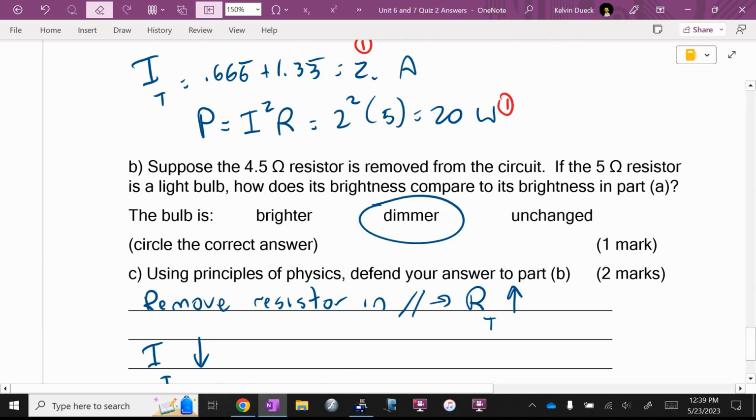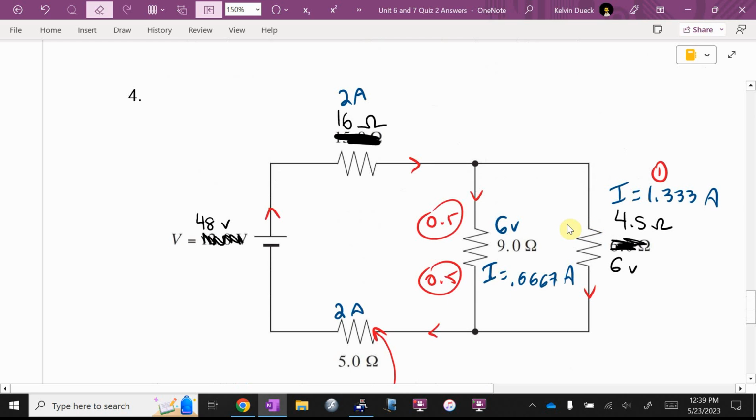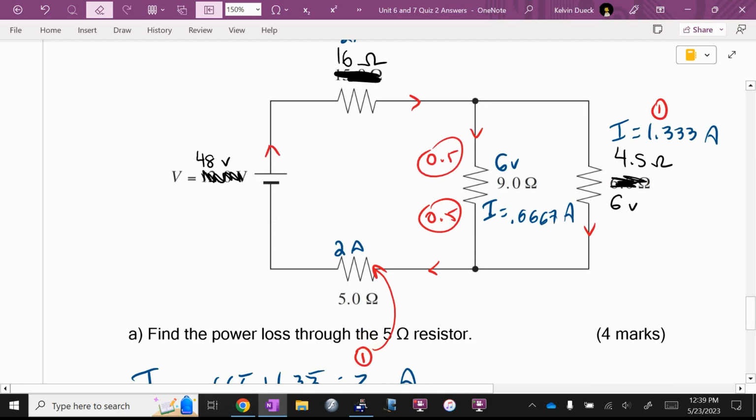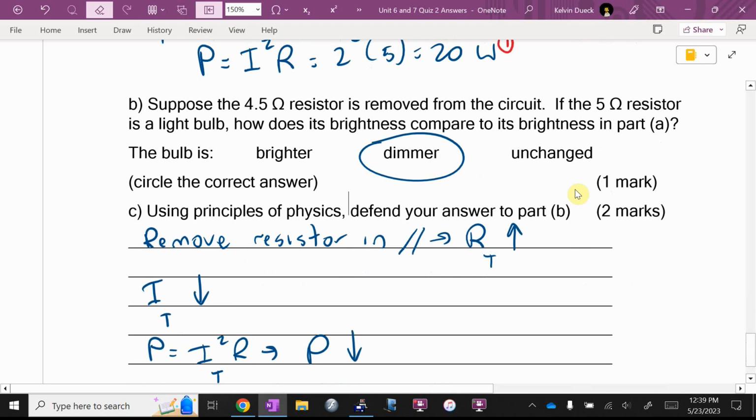I think. Now, many of you would have crunched it. I'll crunch the numbers. So our total, if we remove that, it's all in series. Our total would be 16 plus 9 plus 5. Your new resistance would be 30 ohms.